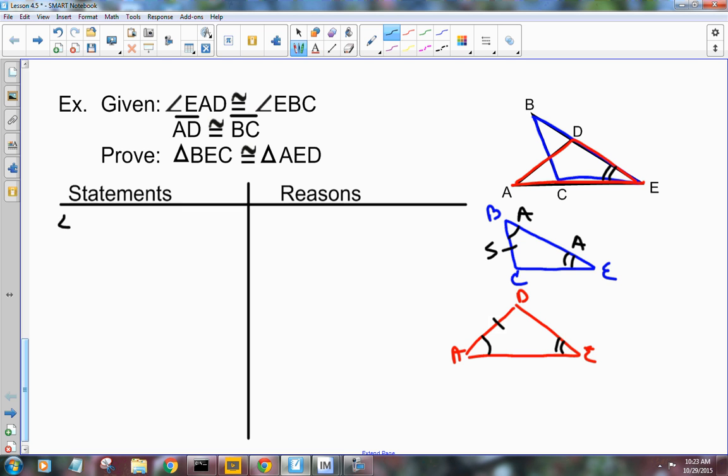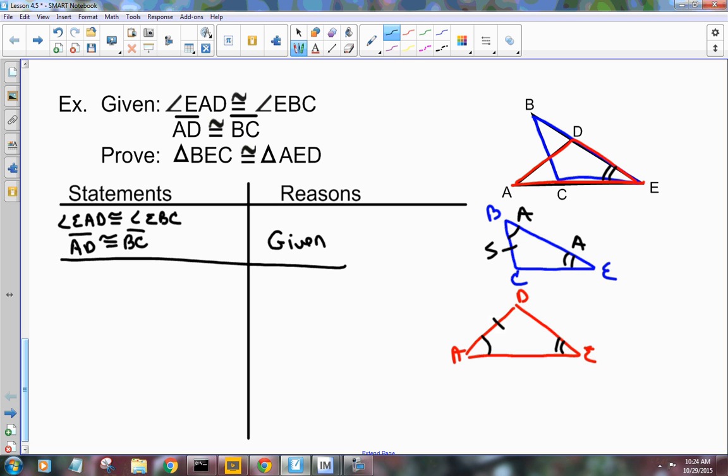Alright, so we have angle EAD is congruent to angle EBC. And then AD is congruent to BC. That's given to you. Okay? And so really the only other thing we stated was what?